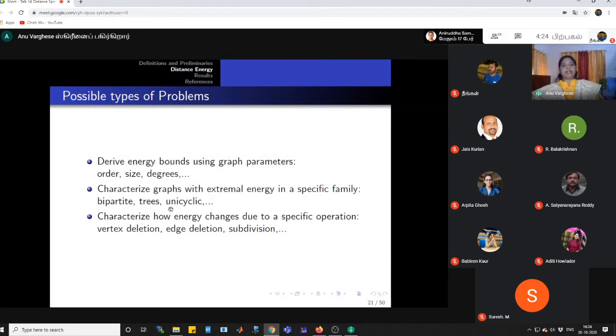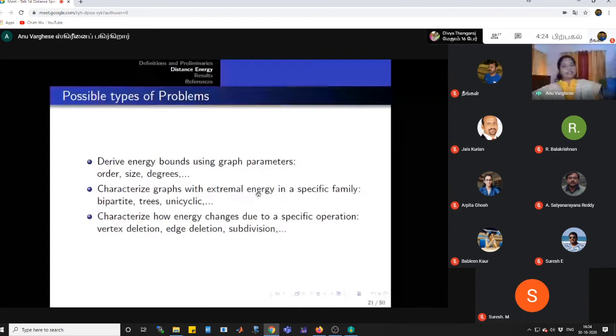In the case of trees, the tree having maximum energy is the path, and among the trees, the graph having minimum energy is the star. So in a class of graphs, we can find which graphs have minimum or maximum energy or spectral radius.